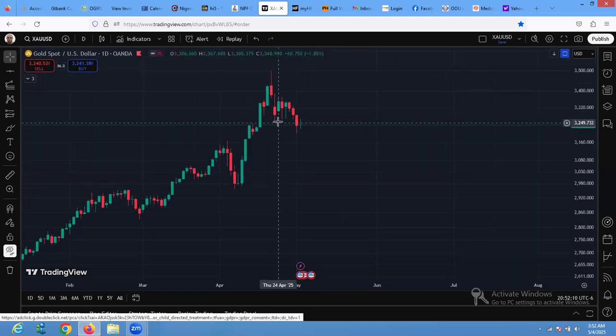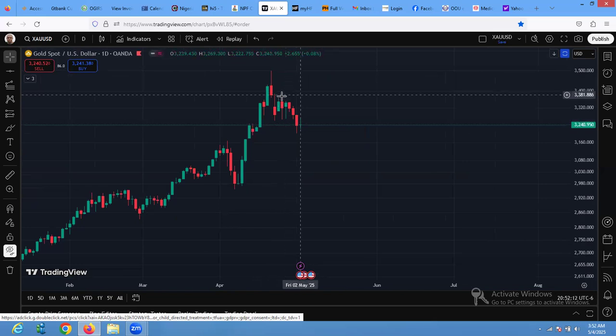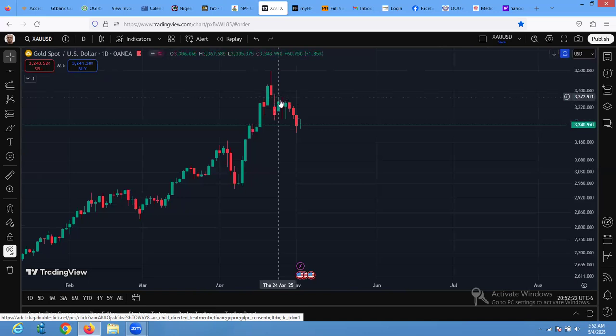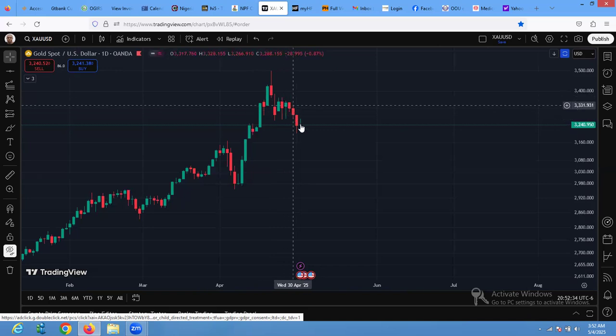It's probably an A, a B, and this B wave looks like a triangle here. If you look at the 4-hour time frame, you will probably see it very well, that it's like a triangle of A, B, C, D, and E before we begin to see this fall.